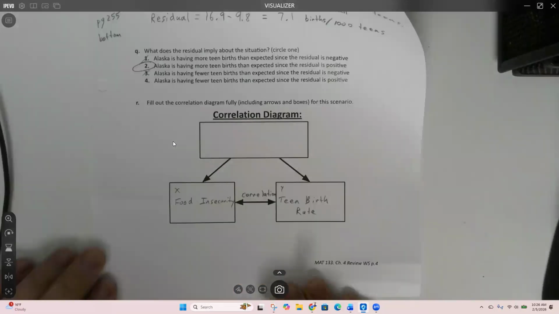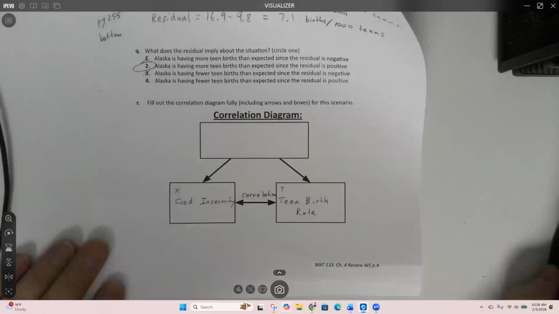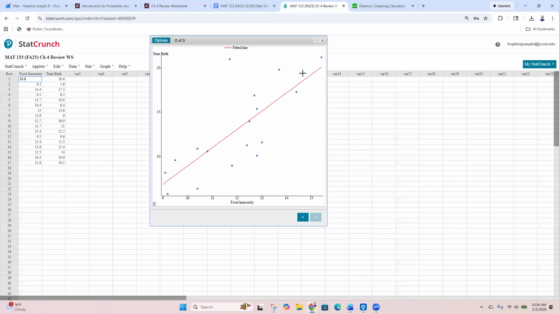There is a correlation between the two. What I mean by that is you can look at this line and say, oh yeah, these dots appear to be headed upward. It's not a perfectly straight line, but it appears that there is some kind of relationship.